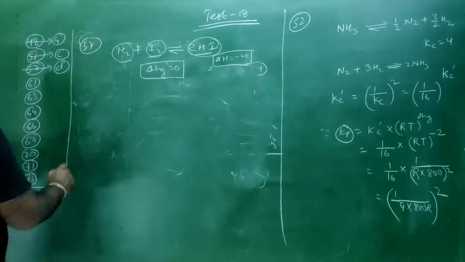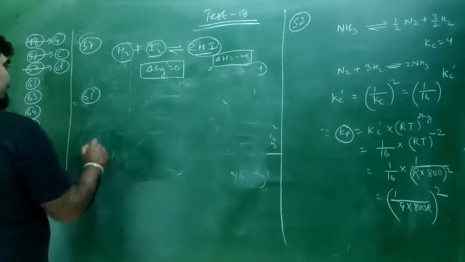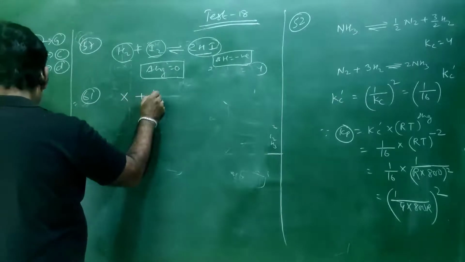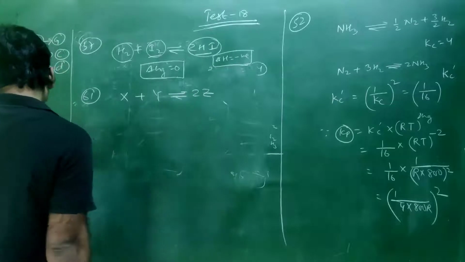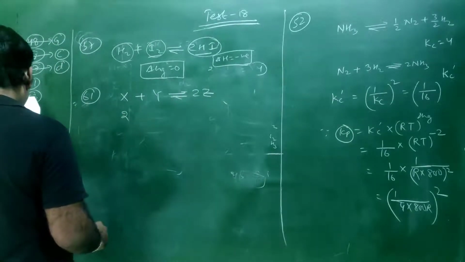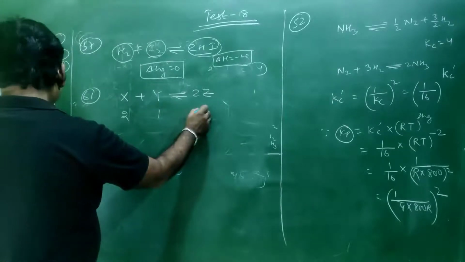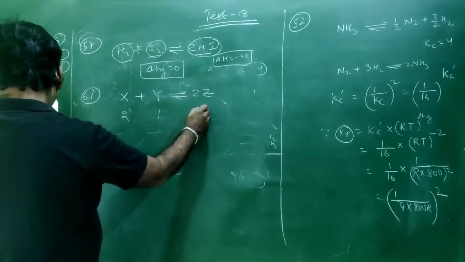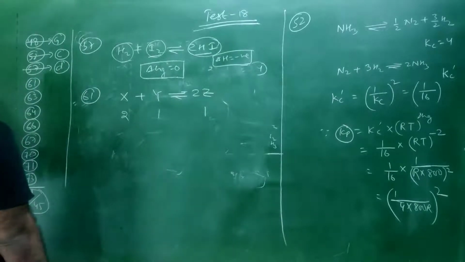Question number 61. In the reaction X gaseous plus Y gaseous gives rise to 2Z gaseous, 2 moles of X, 1 mole of Y, and 1 mole of Z are placed in a 10 liter vessel and allowed to reach equilibrium.